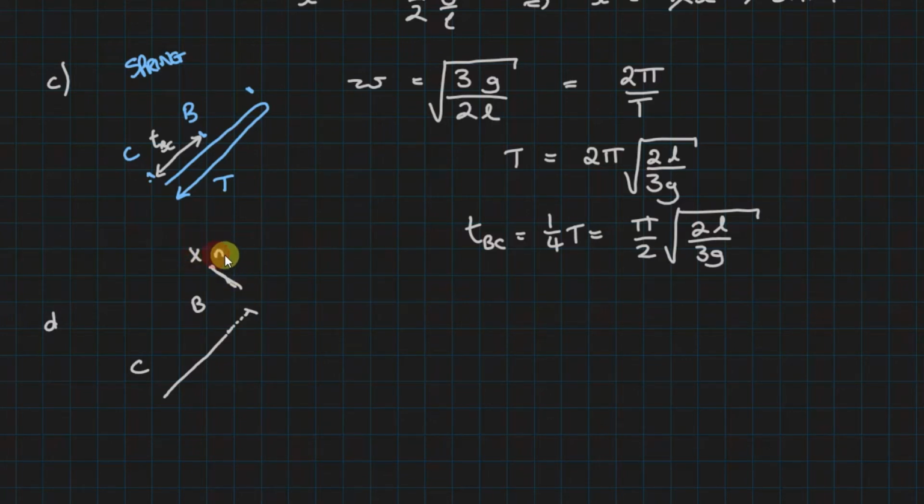So x is natural length. That's where my extension x equals minus 2/5 of L. That gets me to that point.